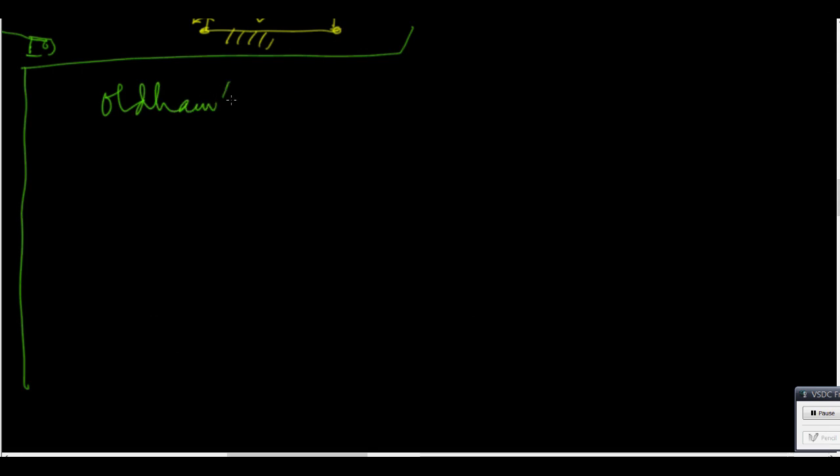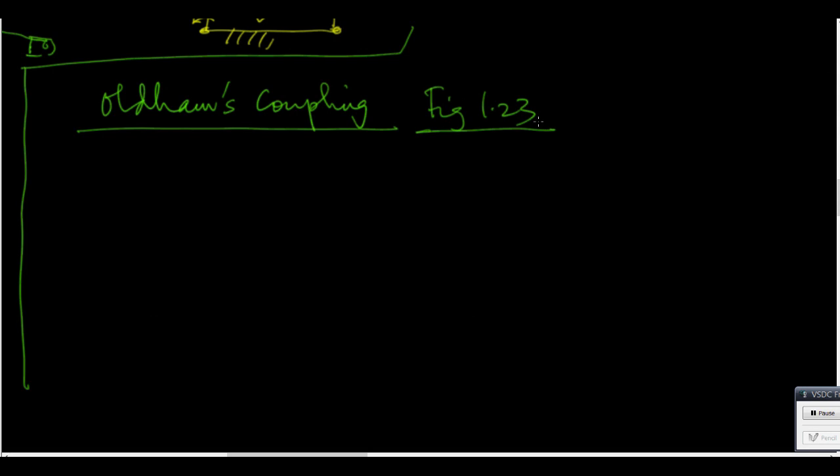and it is actually very clever. So in Oldham's coupling, what happens is link 2 is held fixed. Now, Oldham's coupling is drawn in your book in figure 123. How does it work?